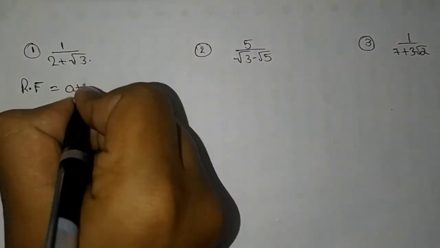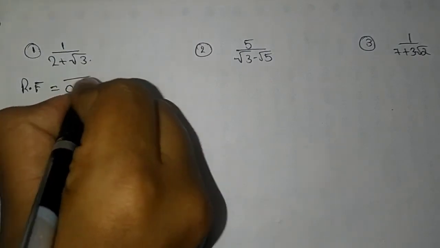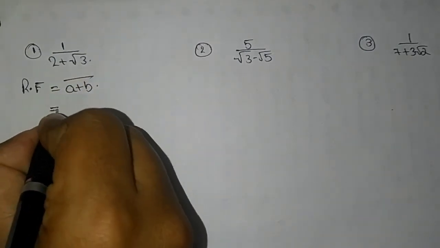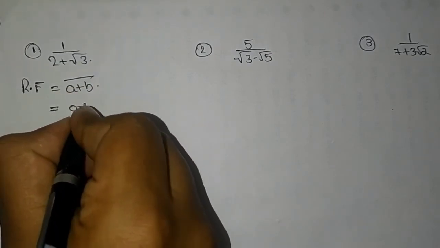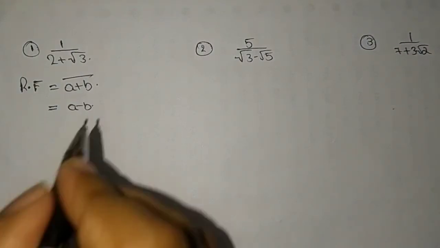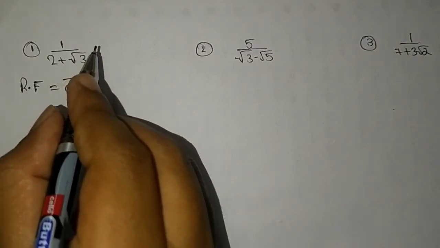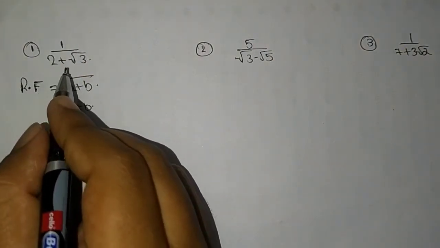If a plus b is in your denominator, then the conjugate of a plus b, conjugate in the sense inverse of a plus b, that is a minus b, is your conjugate of a plus b, and this is your rationalizing factor. You should multiply and divide by this factor so that it is possible to rationalize the denominator.